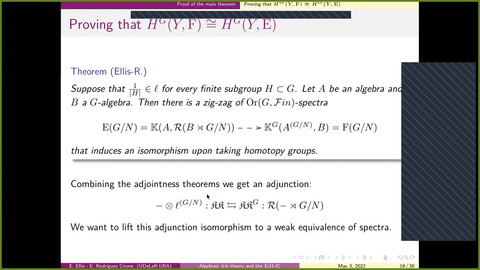So combining the adjointness theorems, we get a composite adjunction between these two functors, and we want to lift this adjunction isomorphism to a weak equivalence of spectra. We have explicit descriptions of the unit and counit of this adjunction. So we have an explicit description of the adjunction isomorphism.